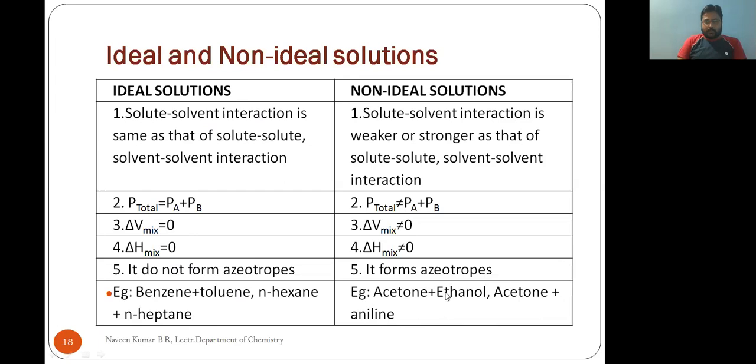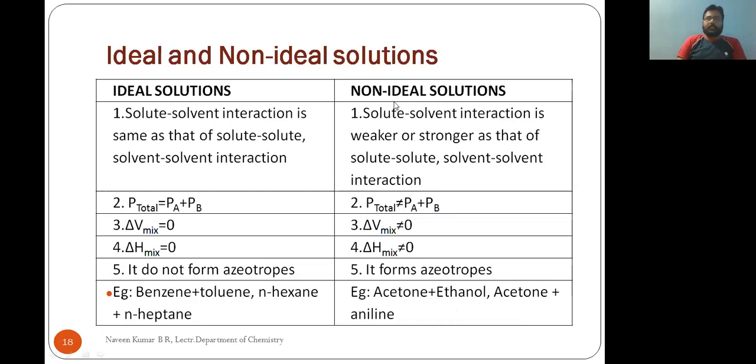In this case, ethanol and acetone, aniline and acetone, chloroform and acetone, phenol and aniline, any examples if you consider like this, will show either weaker attractive forces in the solution or stronger attractive forces in the solution than in their pure form. Hence, they will show deviation from ideal behavior.